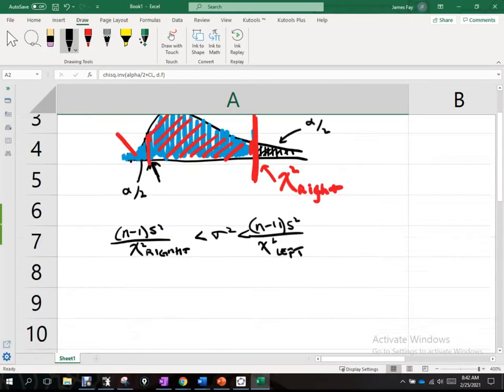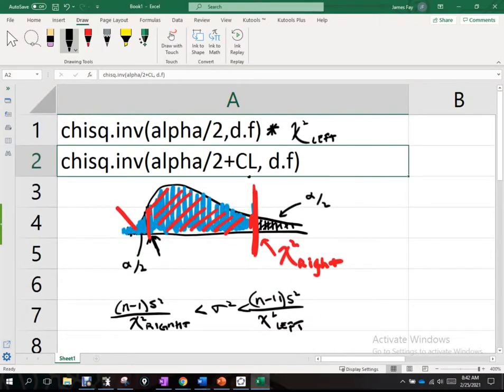People get that confused because if I'm thinking left to right, this is the left ratio and this is the right ratio, correct?